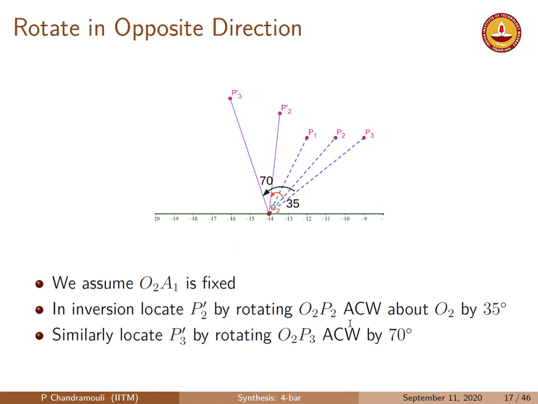Because if I were to look sitting at O2A1, P2 prime will now move towards me. Similarly, I take P3 prime and rotate O2 P3 by 70 degrees, which is what we have. These distances I have kept the same while plotting, so O2 P2 is equal to O2 P2 prime, but is 35 degrees to this side. Similarly, O2 P3 is the same length as O2 P3 prime, but it's moved by 70 degrees.